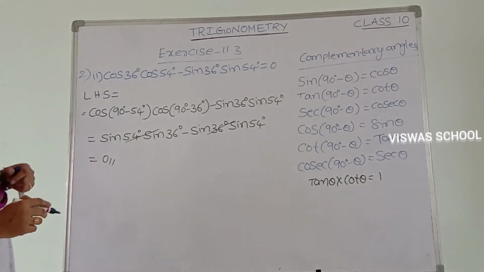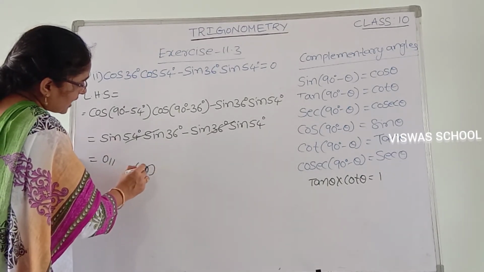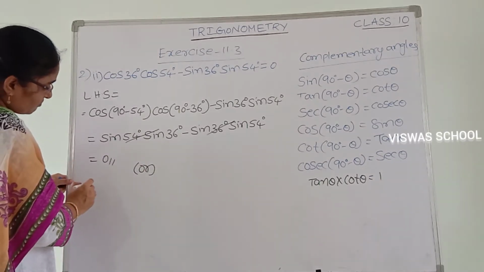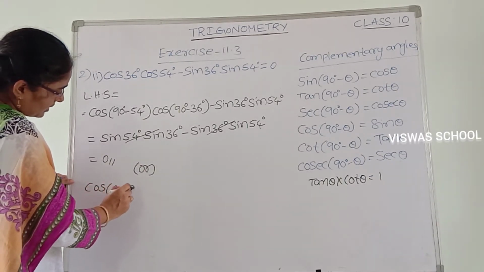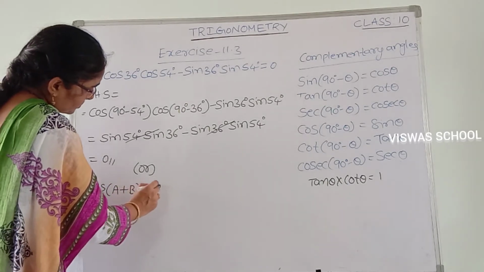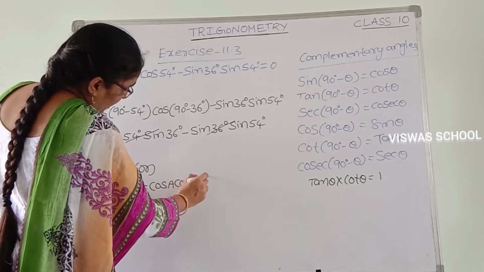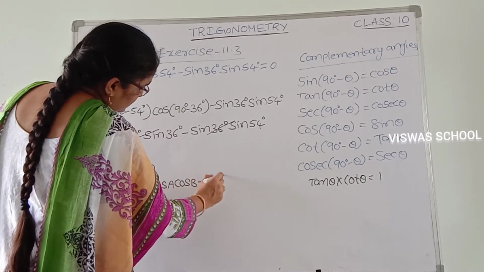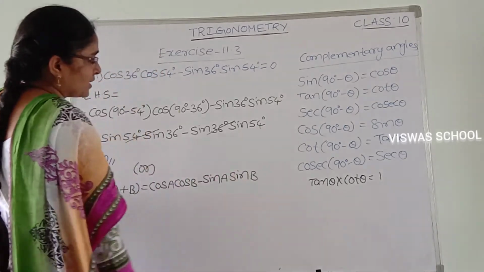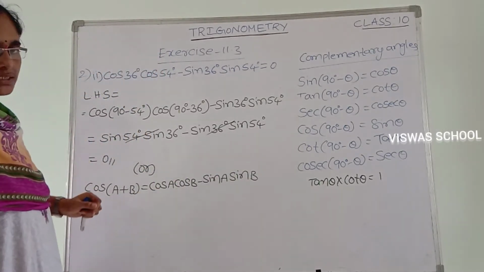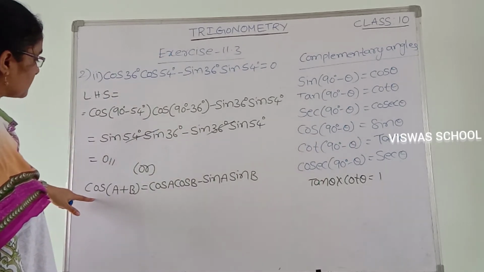We can do it in this method, or in the previous class we discussed that cos of A plus B is equal to cos A cos B minus sin A sin B. This is what cos of A plus B means.